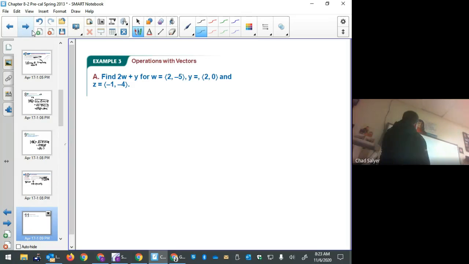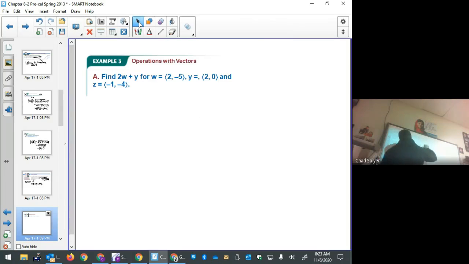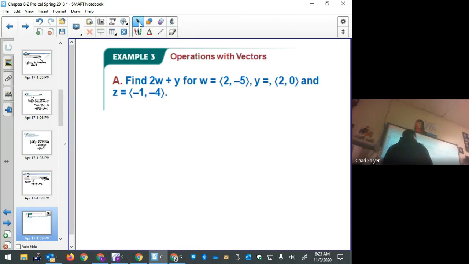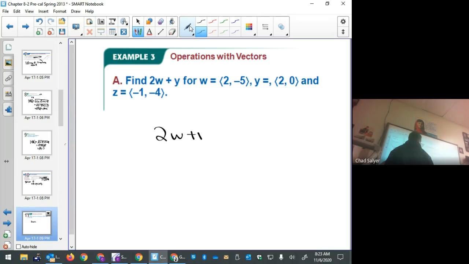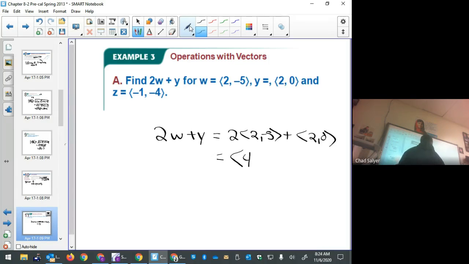Okay, so let's do one. Now these are multi-step vector calculations. So when you have a scalar and addition, you're going to scale it first. So think of it kind of like PEMDAS. We'll do the scalar first. So this is 2 times w, so we're going to scale first.